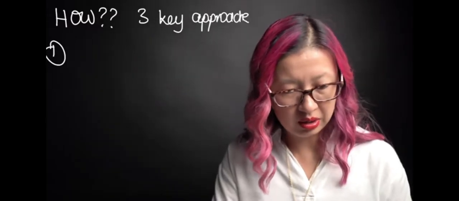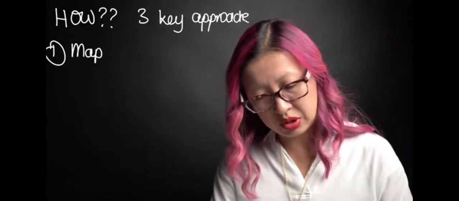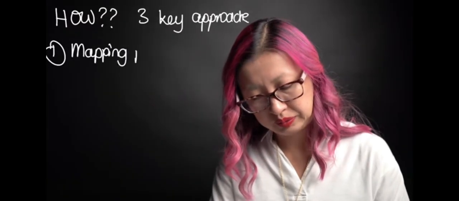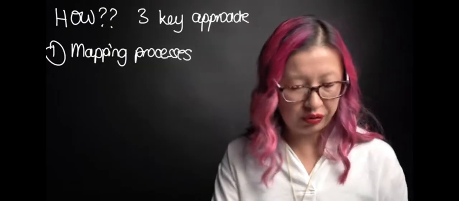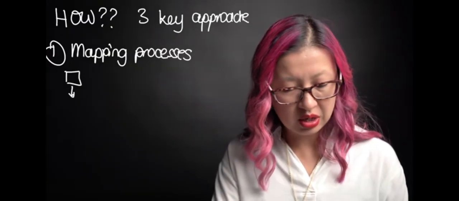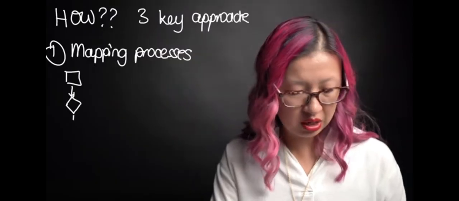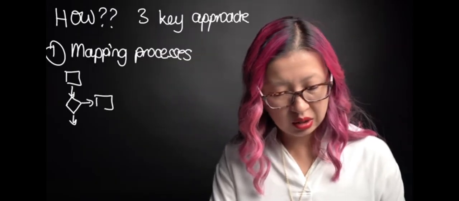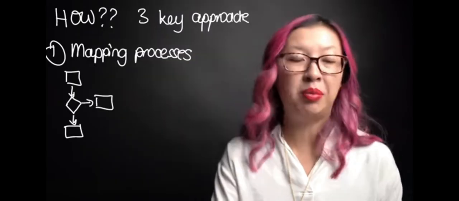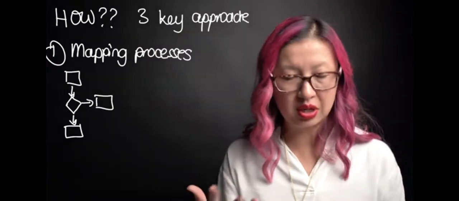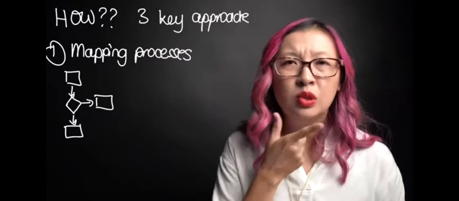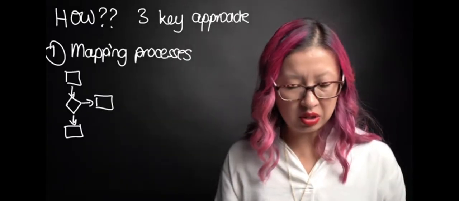So number 1 is about mapping processes. All right, so this is where you draw a flow chart. You say, okay, I got a process that leads to a decision. Then there's other processes and other things happen here. So what happens in the first option is you look at the process and you go, do I identify any control weaknesses?